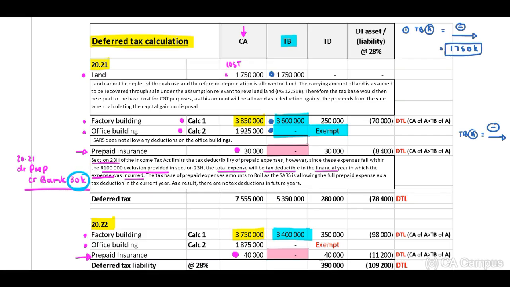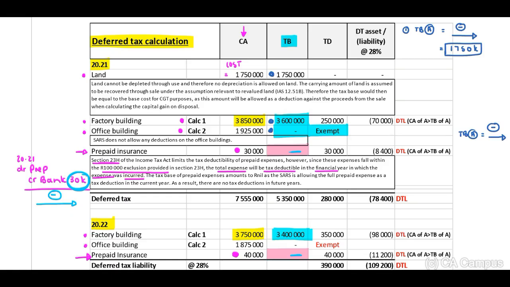You with me? Therefore, if we think about the tax base of an asset, will be the amount deductible in future? Nothing. Therefore, 0, because they've already deducted this. The same principle applies in terms of our prepaid insurance for 2022.